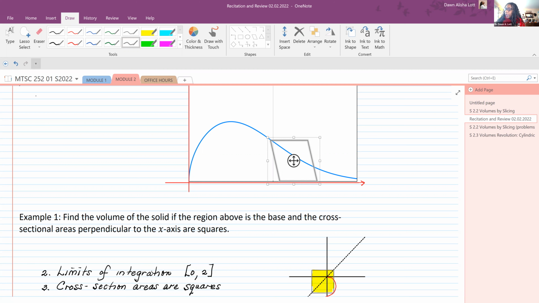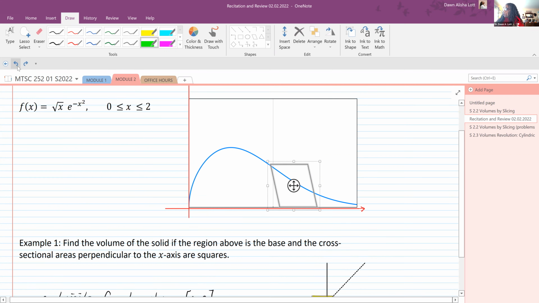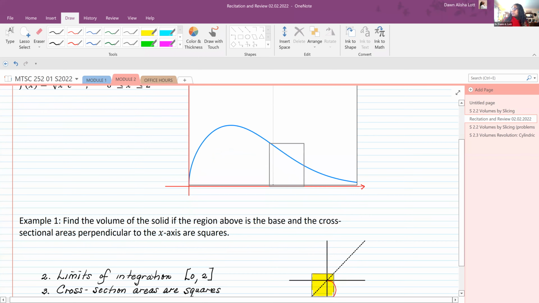So one side of this, let me just do it with a regular square. Okay, so you have to think of that square as standing up in the air.